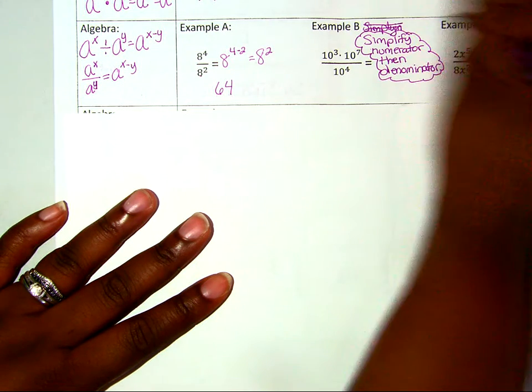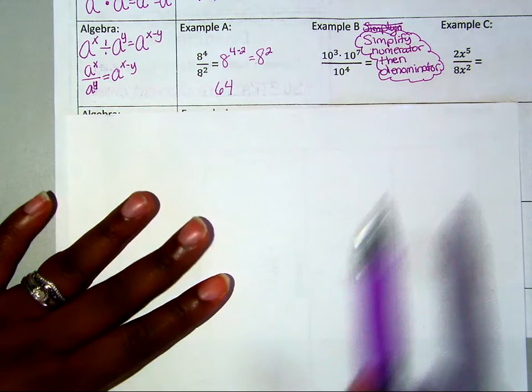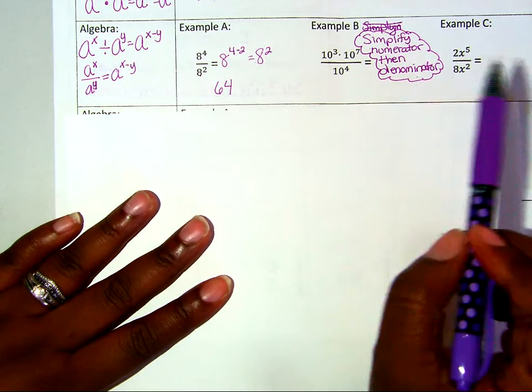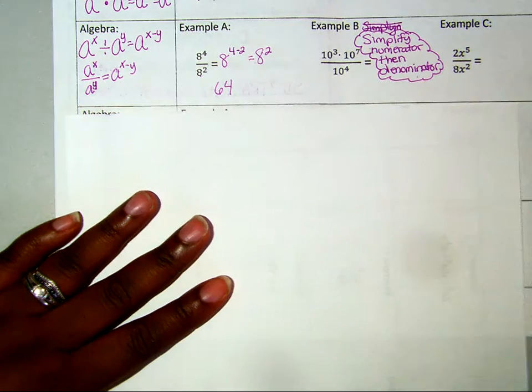So it's very important that you simplify the numerator then the denominator before you apply this rule, right?